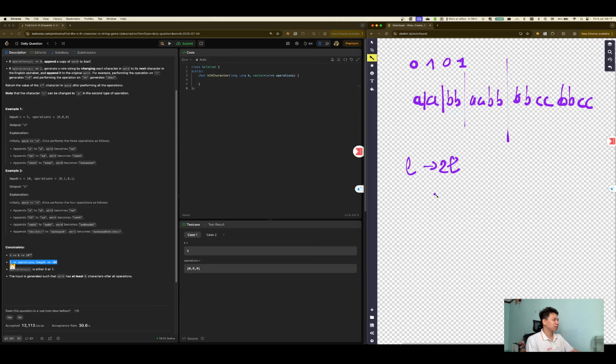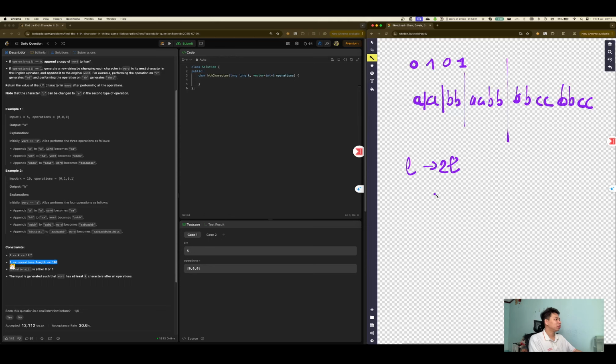Another point you need to notice here is that after each operation the string is just doubled. For the 0 operation, it just doubles, and for the 1 operation, it doubles but shifts to the next character, right?